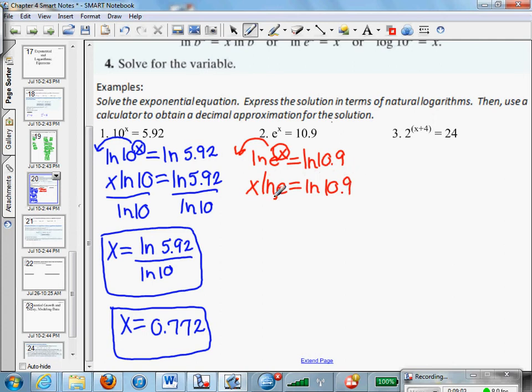Well, note that this ln has a base of e, so these are just going to leave us with 1, or you can say cancel out. So x equals ln of 10.9. And that's in terms of natural log. But if you were to punch that in a calculator, you should get x is equal to 2.389.